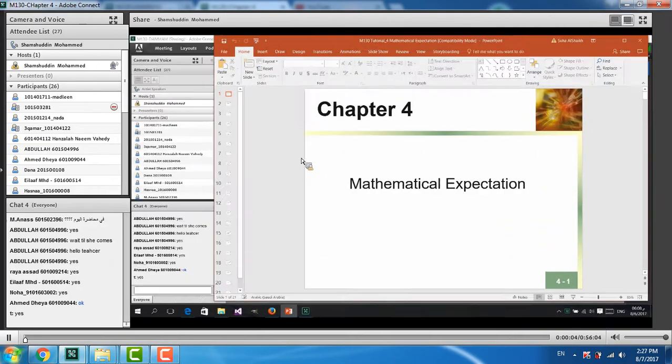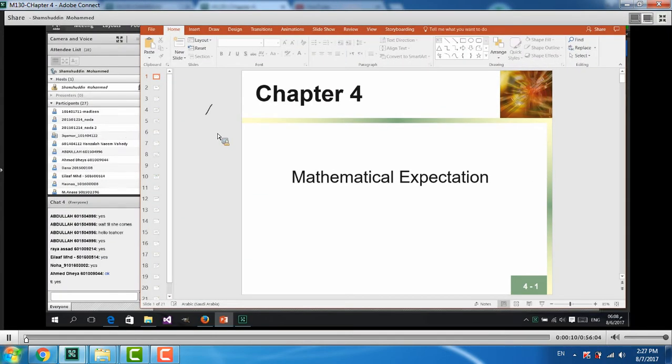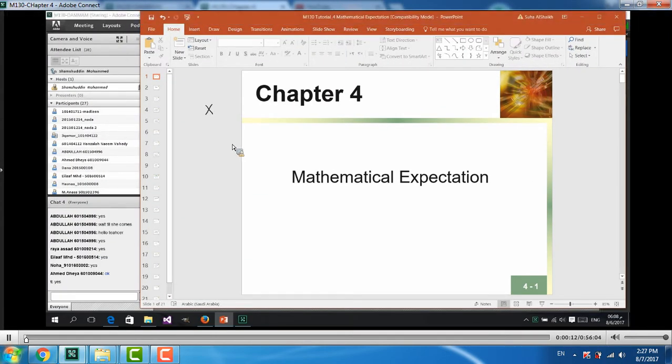So last time what we discussed was the following. We defined what we call the random variable x. The random variable x is a real number that we associate with each element in our sample space S. For each element, I have a number associated with it.